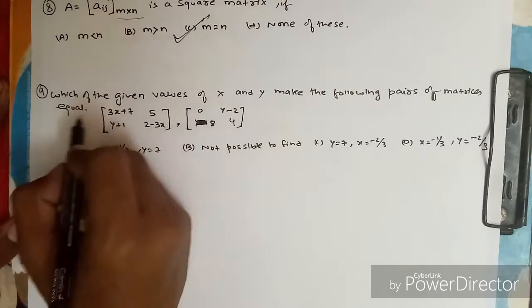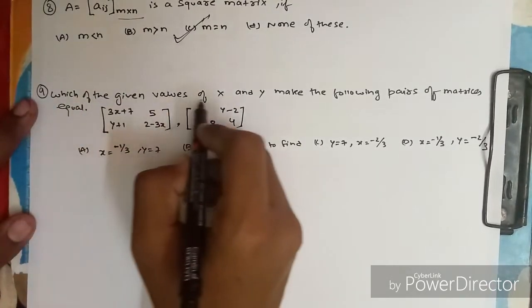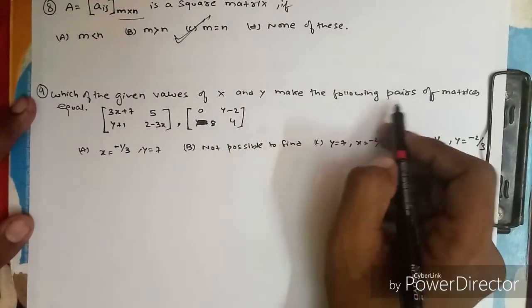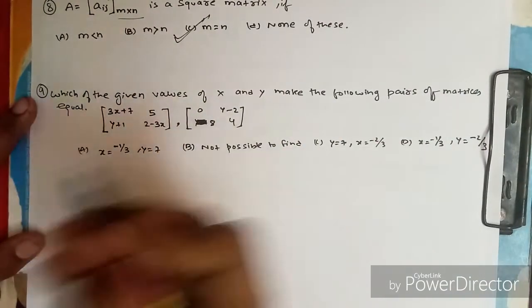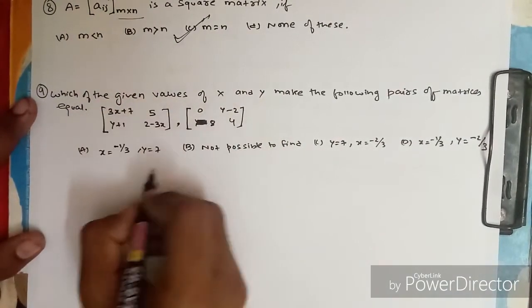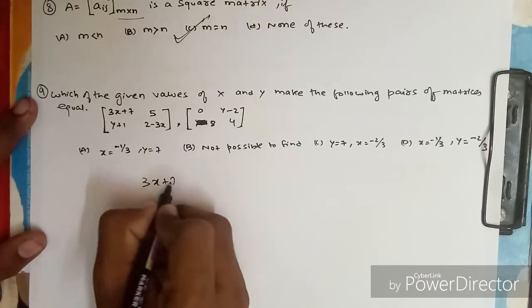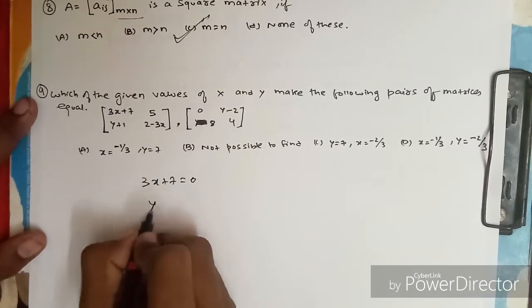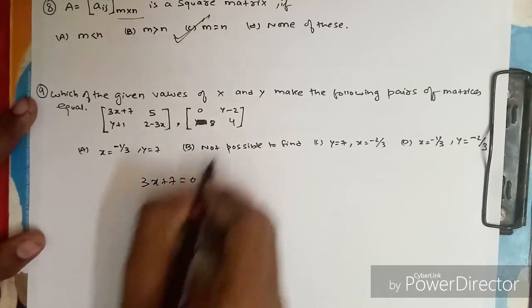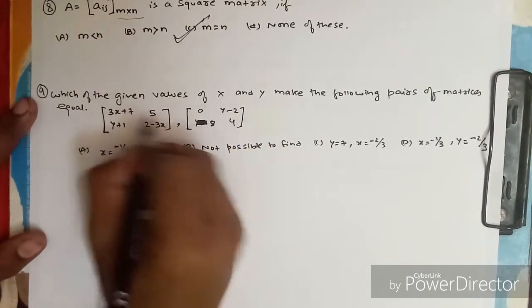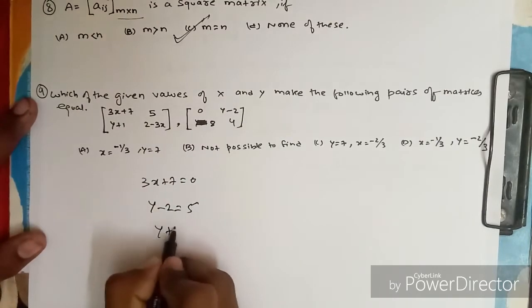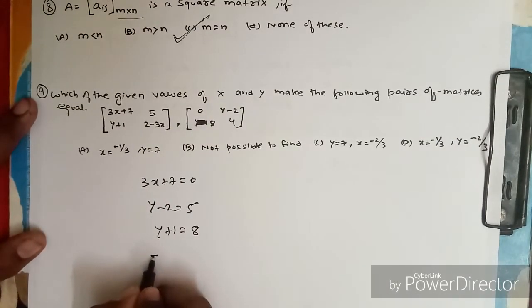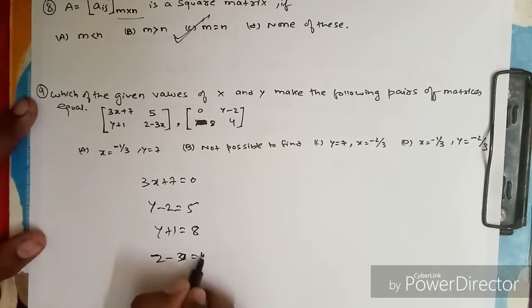Now let us take the next problem, which says which of the following values of x and y makes the following pairs of matrices equal. Okay, so we have to take one option. So we'll just equate this, that 3x plus 7 equals 0 and y minus 2 equals 5, and y plus 1 equals 8, and 2 minus 3x equals 4.